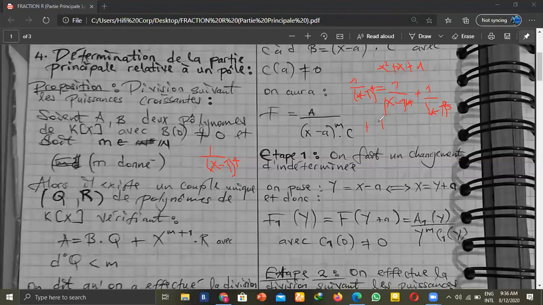Yes. Then plus 1 over x minus 1 to the power 1.